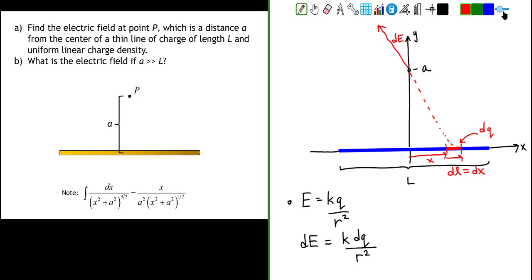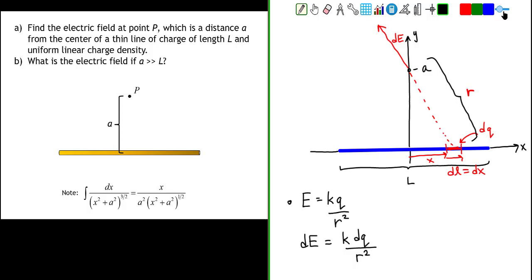That distance in this picture corresponds to the variable r. Well, we've gotten one step closer to finding the electric field due to this line of charge. This expression right here gives us the magnitude of the electric field due to this tiny element of charge.